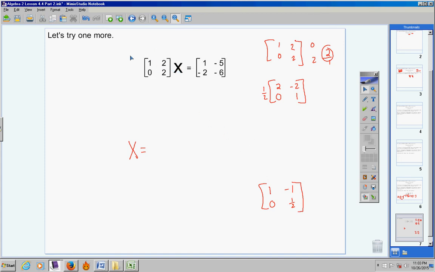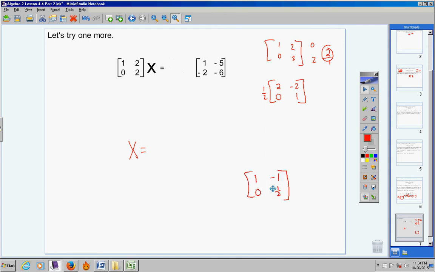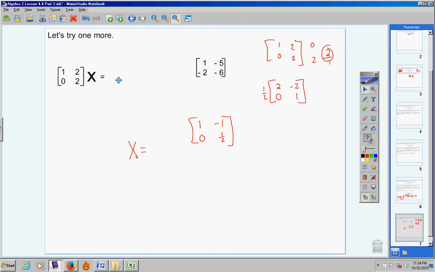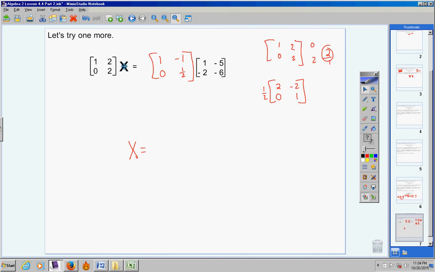So we're going to squeeze our inverse matrix in. You must put your inverse matrix first, okay? Before you multiply it times this, please don't forget that.